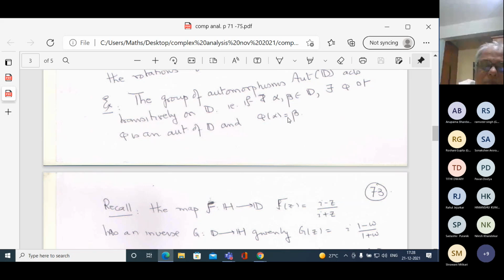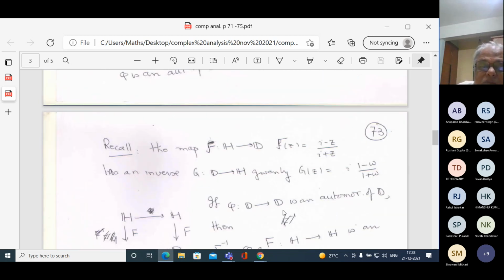We already know that there is a biholomorphic map between the upper half plane and the disk, which has an inverse from the disk to the upper half plane. What are those maps? The first map from the upper half plane to the disk is (i minus z) over (i plus z), the Cayley transform of z. And g of z is the inverse of the Cayley transform.